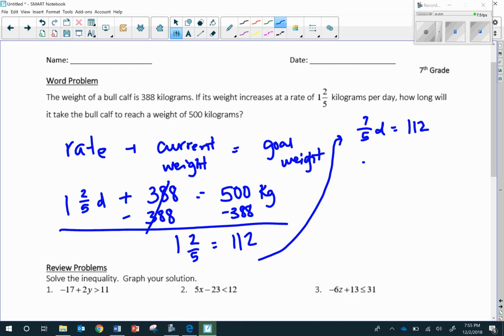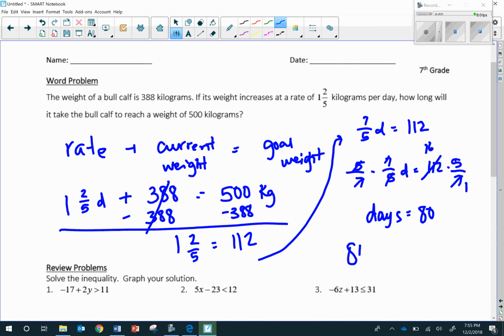I'm going to multiply each side by 5/7 because that's my multiplicative inverse. When I do that, this is canceled, and I'm left with days equals 112 times 5/7. I can cancel the 7 to make it 1, and it goes into 112 16 times. 16 times 5 is then 80. So the time that it will take to reach that goal weight is going to be 80 days.